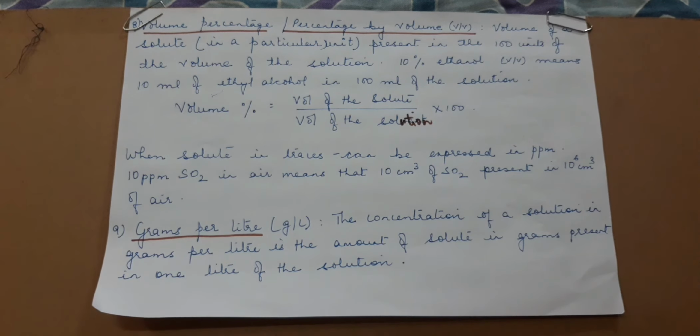That means mass of the solute in grams present in 1 liter of the solution. I have taken solution in terms of 1 liter volume and solute in terms of grams, its mass. So grams per liter means the amount of the solute in grams present in 1 liter of the solution.